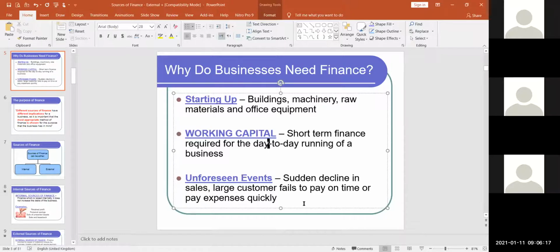The third, which is unforeseen events. We want to have a certain amount of finance or money or cash in order to cover the needs in the case of sudden decline in sales. Did you ever imagine what happened to the airlines companies when they stopped their operation during the COVID-19?